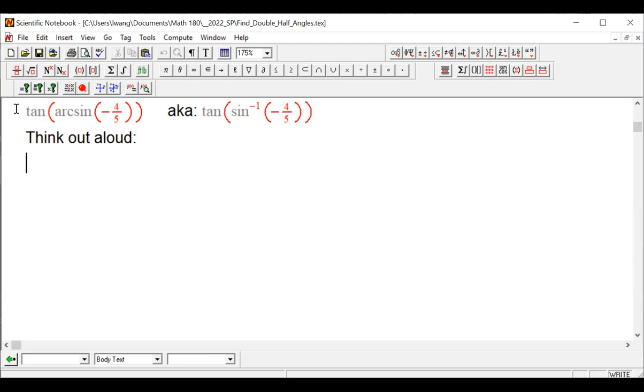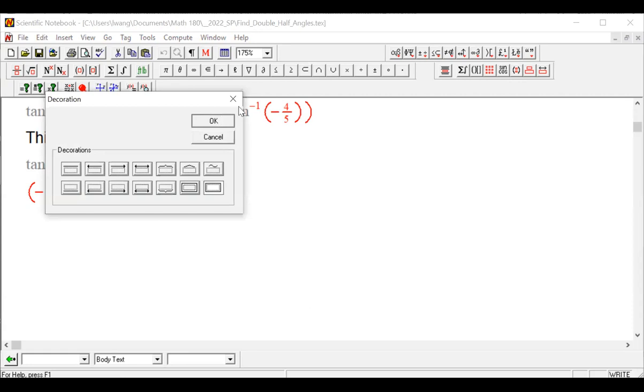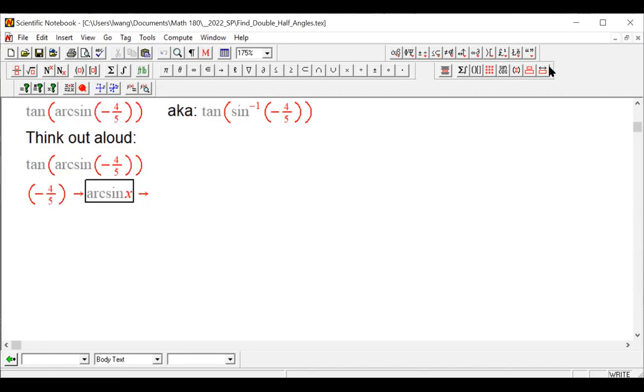Okay, in this question, we first need to understand that the input is a ratio. This ratio, arc sine takes a ratio as input and produces an angle, say theta.